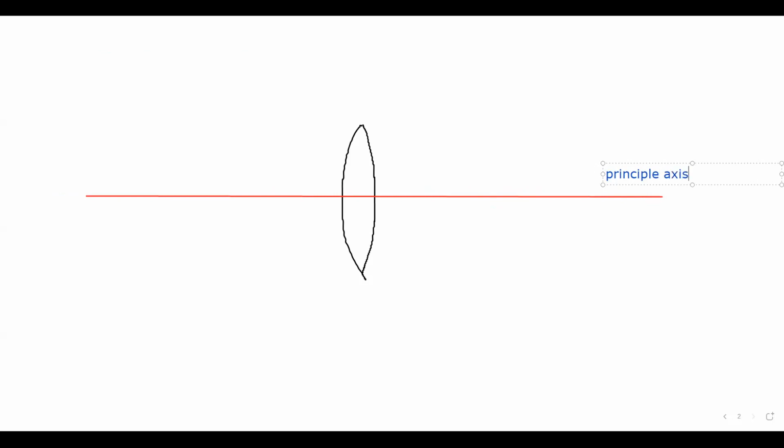The center point of the lens is known as optical center. Then the position where all the light rays converge, we call that focus.